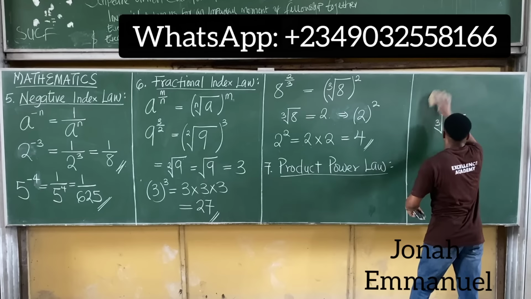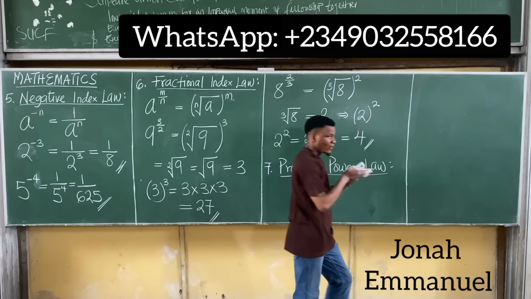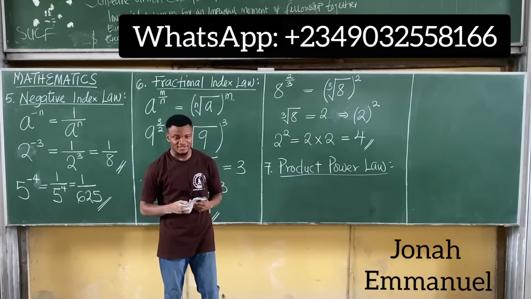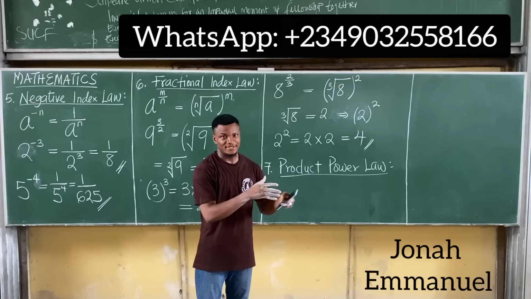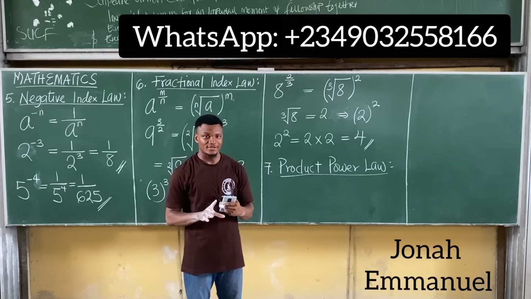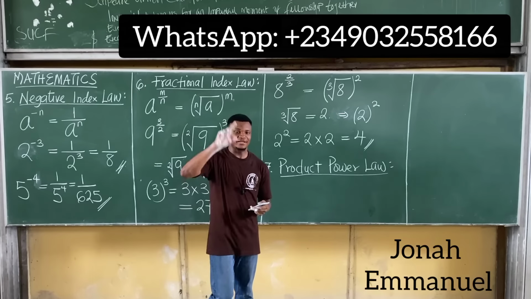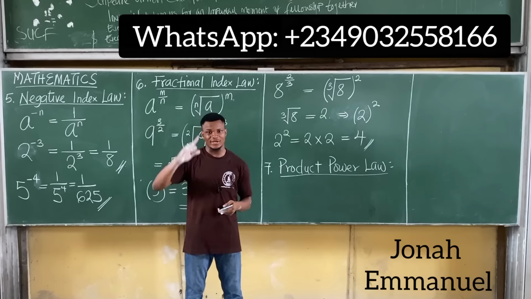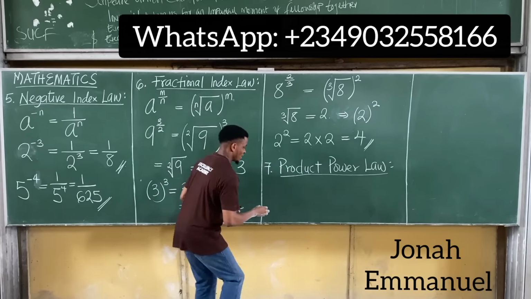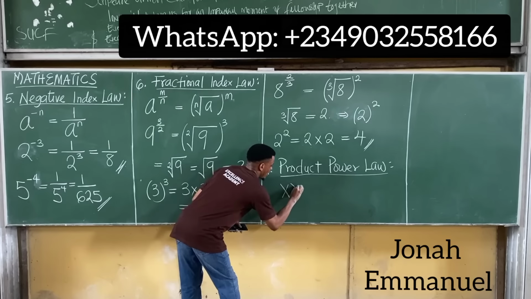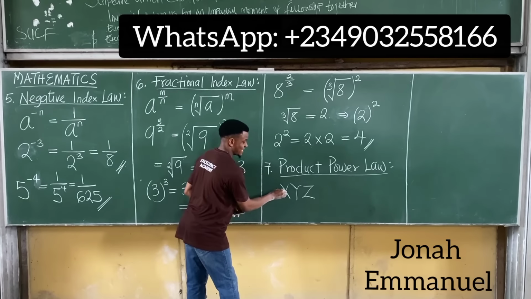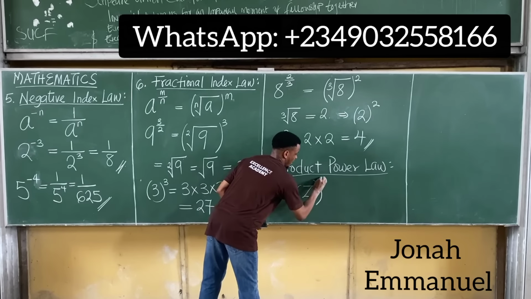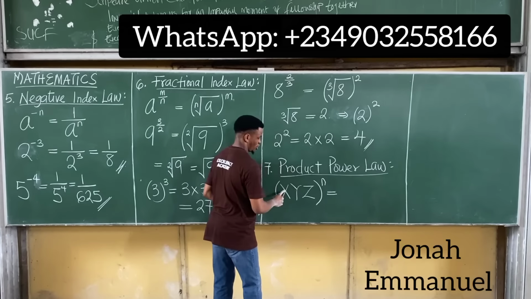From the product power law, what we have is this. If I have different terms multiplying themselves and being raised to a certain index, my answer will be equal to each of the terms raised to that index. Now, what I mean is this. If I have x, y, z, which is x times y times z, all raised to power n, this will be equal to each of the terms.